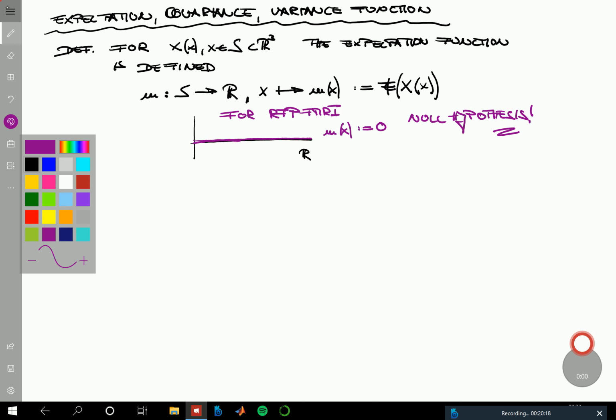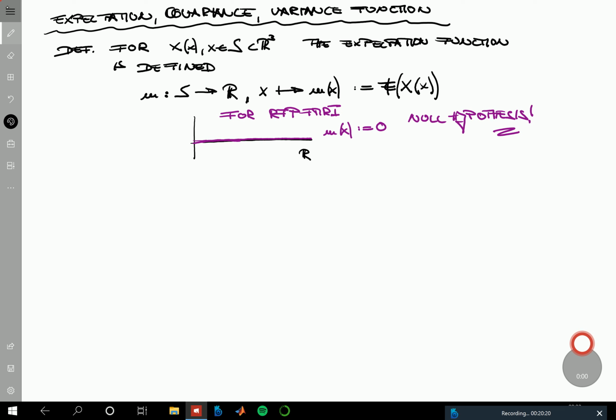Then there's something called the covariance function. And that is specified for always pairs of locations, x and y. So, for example, here x and here y.